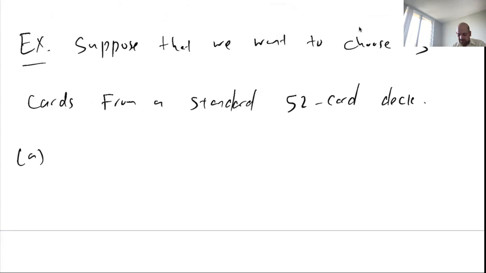So part A, in how many ways can we do so?